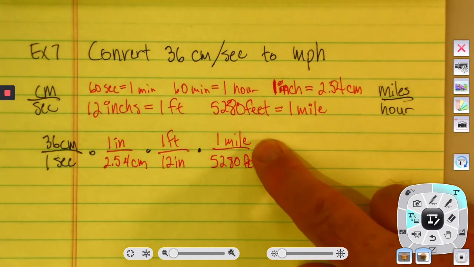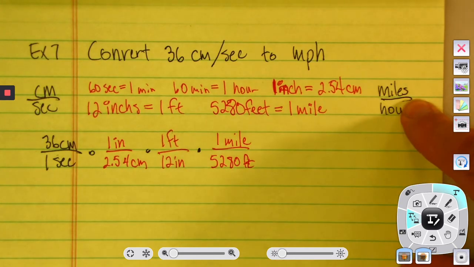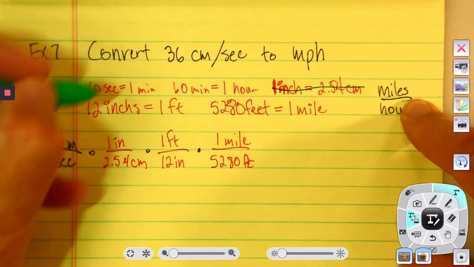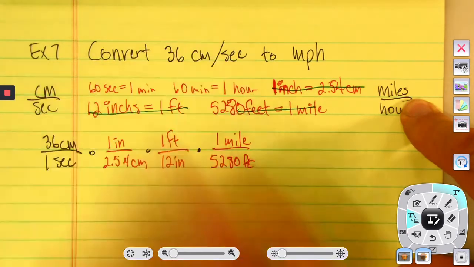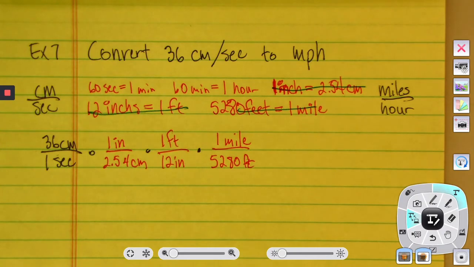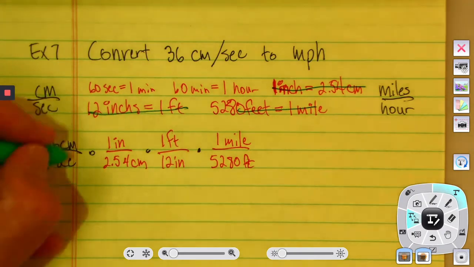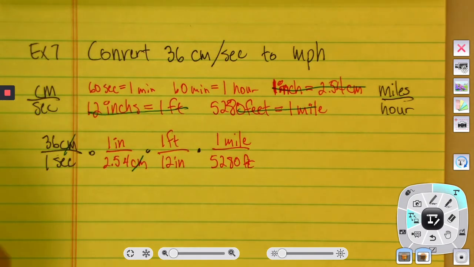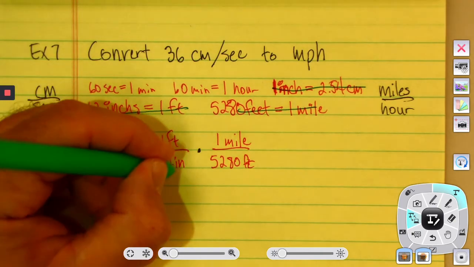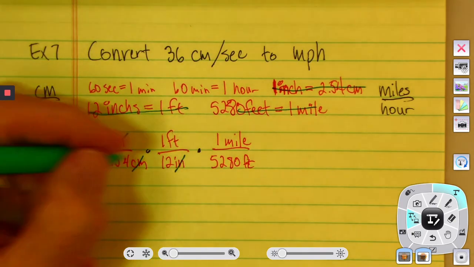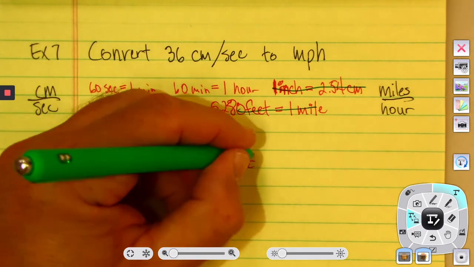And the miles in the numerator is where I want it to be. So that looks good. And I've used this one, this one, this one. Awesome. I'll cancel centimeters for centimeters, inches for inches, and feet for feet.